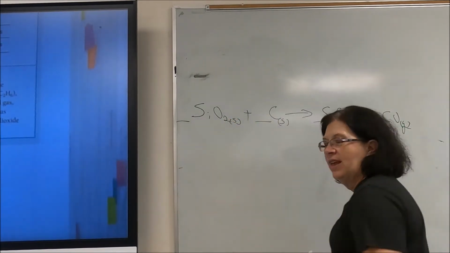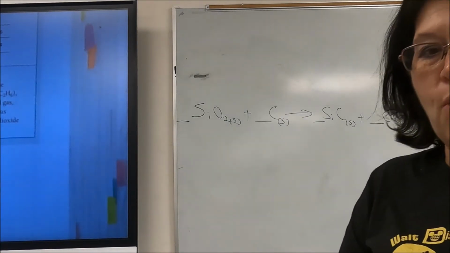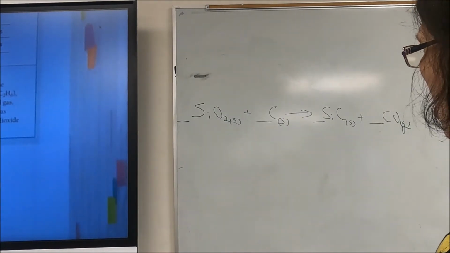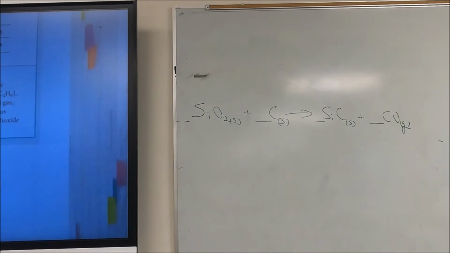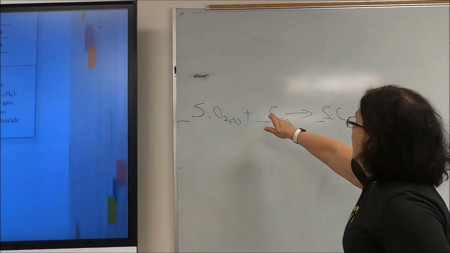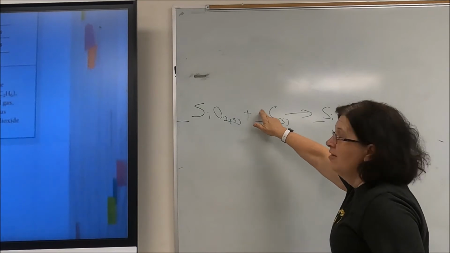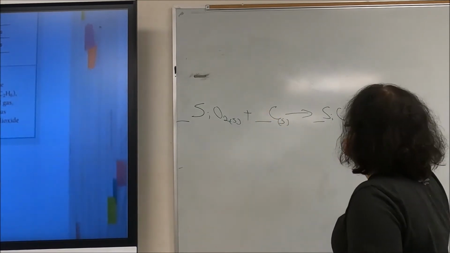I put lines in front of each thing so I know that I'm putting in coefficients there. I have to fill in all those lines. Now look at this. Notice that carbon appears 3 places. So carbon's going to be the last thing that I deal with. And I've got pure carbon here, so this is the last place I'm going to put a coefficient.